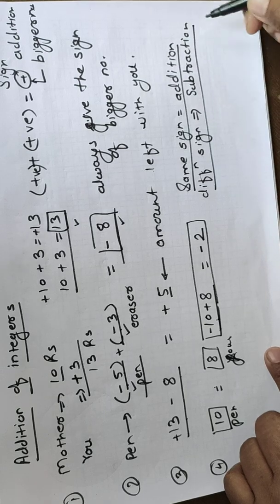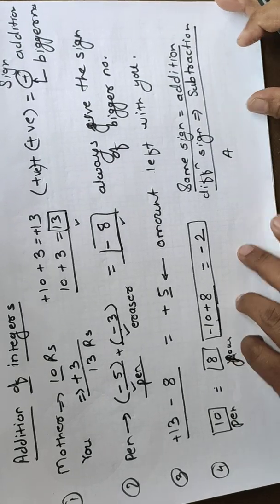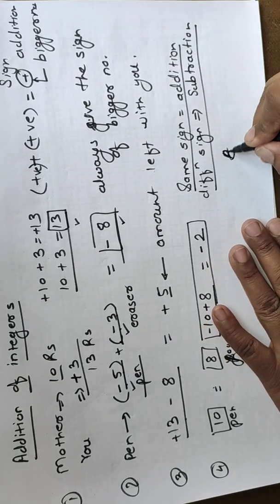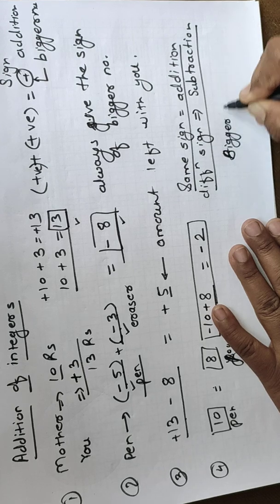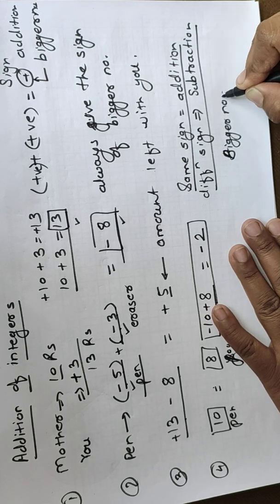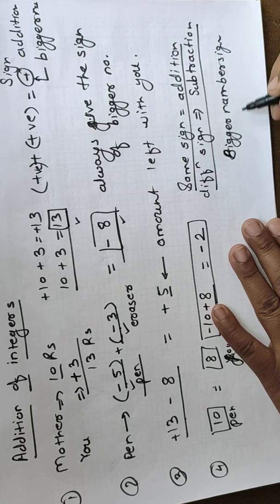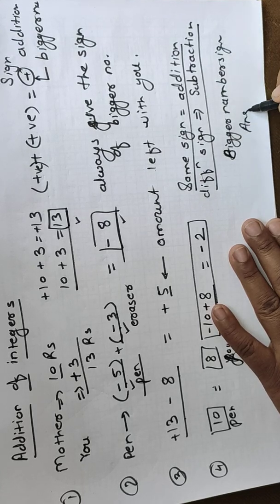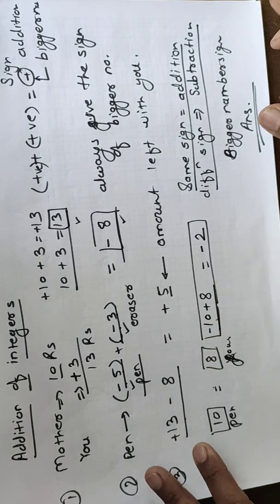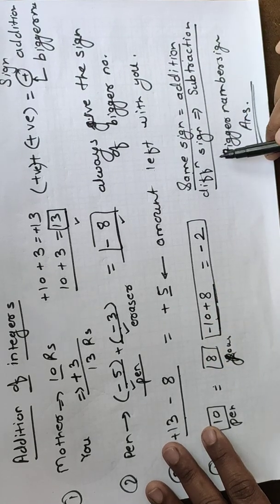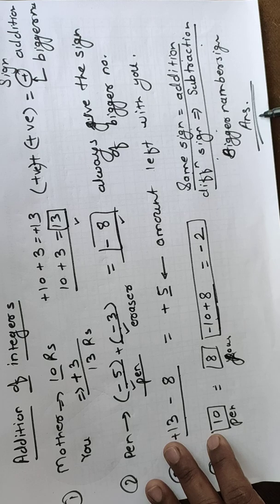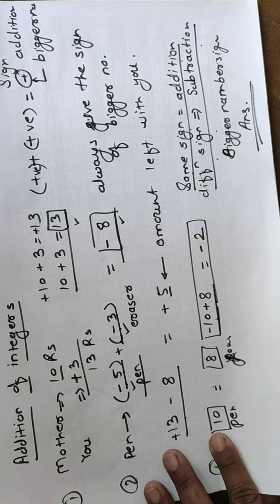Different sign, subtraction, and the answer always gets the bigger number's sign. So always, as I said, same sign, addition, different sign, subtraction, and we give the bigger number's sign to the answer. Okay, now we will see some examples.